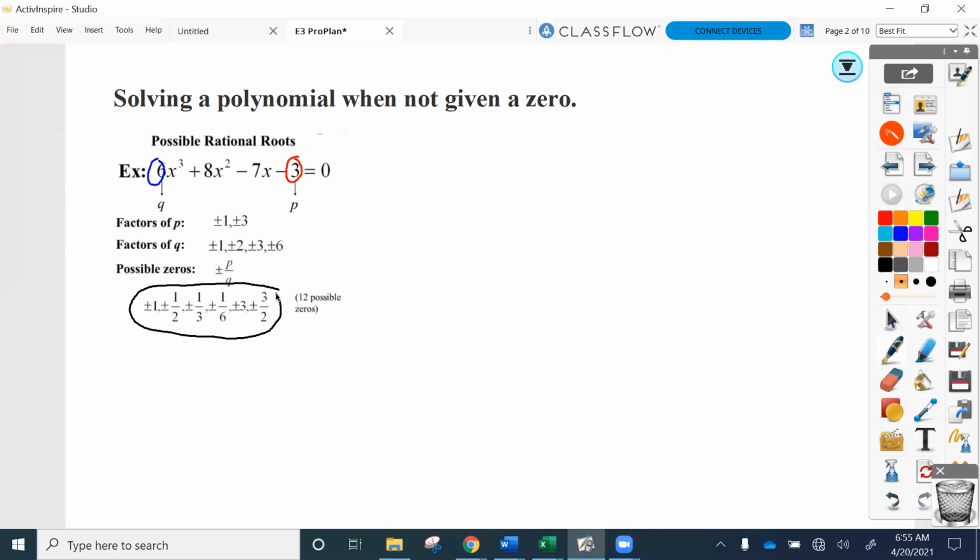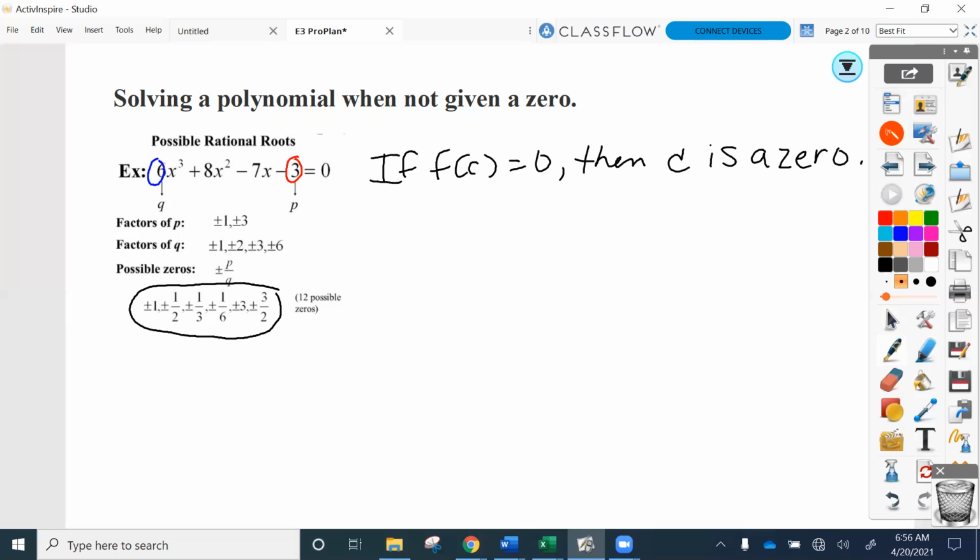Now what we need to do is use a theorem that says if f of c is equal to 0, then c is a zero. Remember, we're just trying to find a zero here.